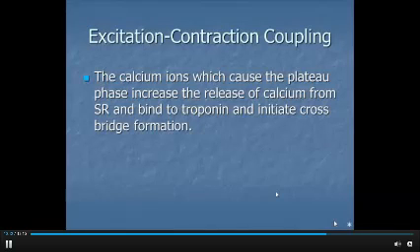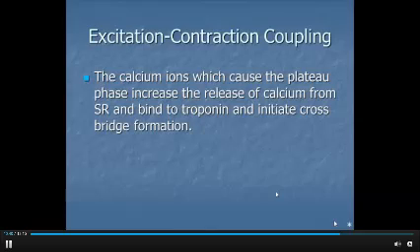Just like in skeletal muscles, we have transverse tubules that extend down into the cell and excite the sarcoplasmic reticulum. But also the calcium that enters the cell during the plateau is in part the calcium that will activate troponin and therefore make thin filaments available for the interactions with the thick filaments so that the cross bridges can be formed.